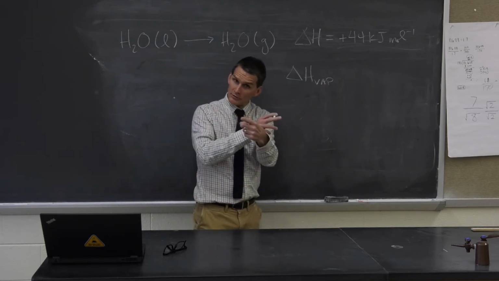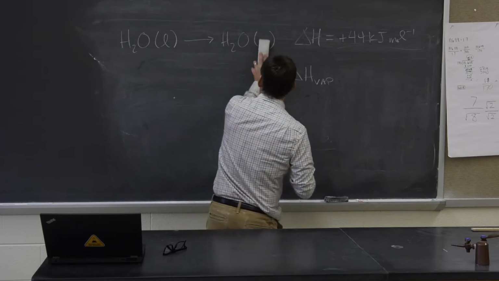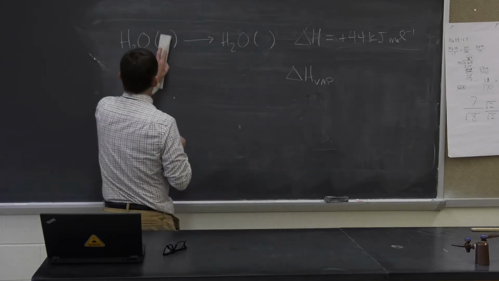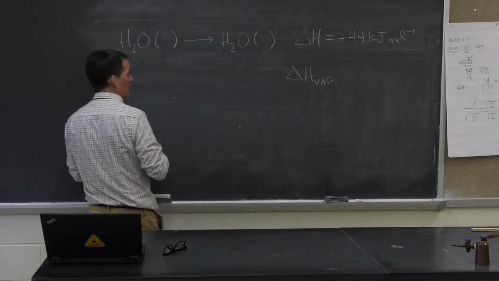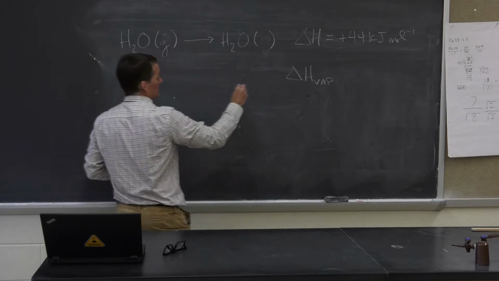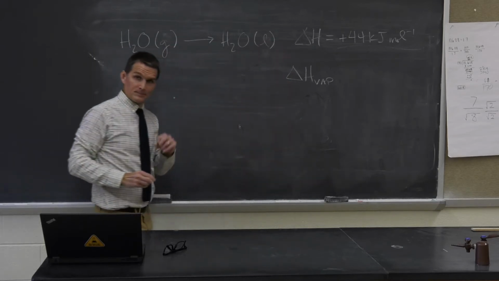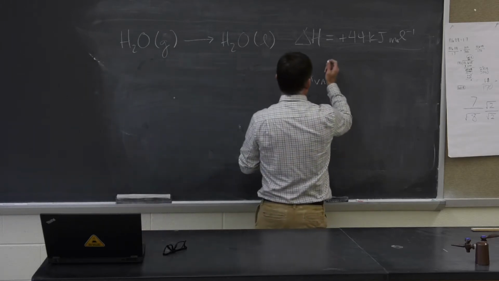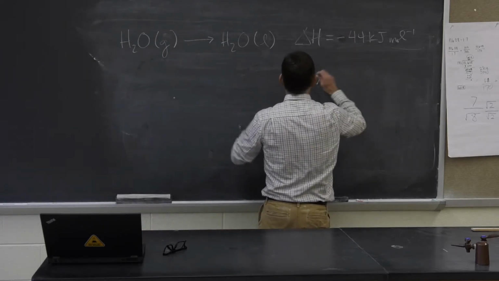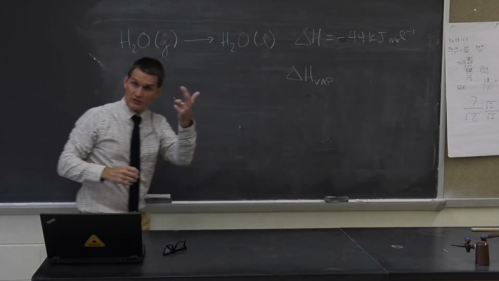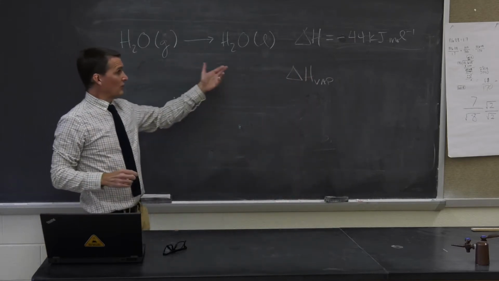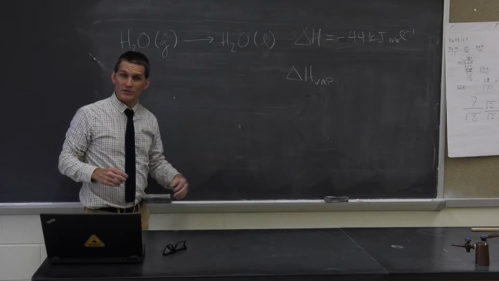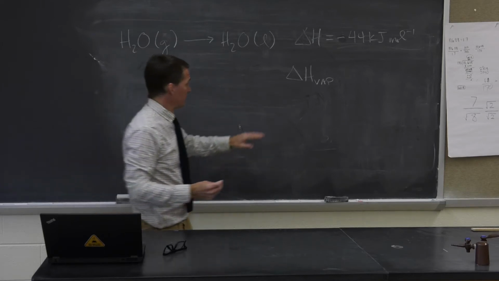Now what if I write this in the reverse direction? So instead of liquid water going to gaseous water, I have gaseous water going to liquid water. In this case, the enthalpy change would just be the opposite, because if you flip the equation, you change the sign, and we'd no longer call this the enthalpy of vaporization, but rather the enthalpy of condensation.